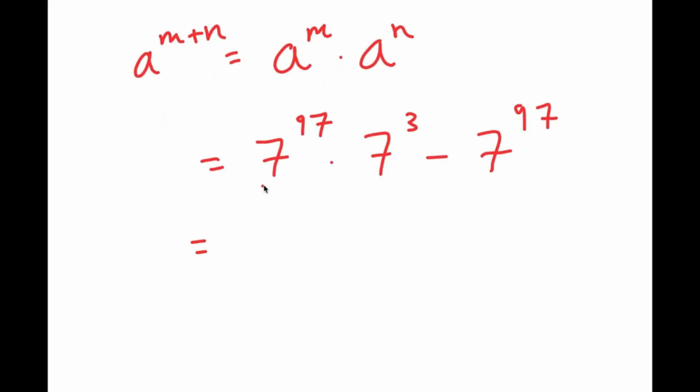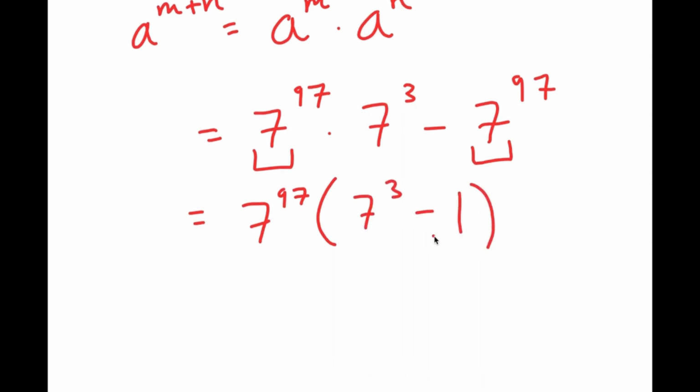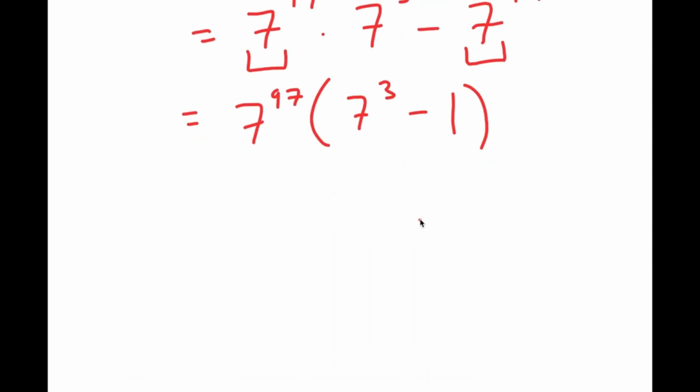Now from here, notice how both of my terms have 7 to the power of 97 in them. So I can simply factor out 7 to the power of 97, and I get 7 to the power of 97 times 7 to the power of 3 minus 1. And 7 to the power of 3 minus 1 is, well, 7 to the power of 3 is 343.